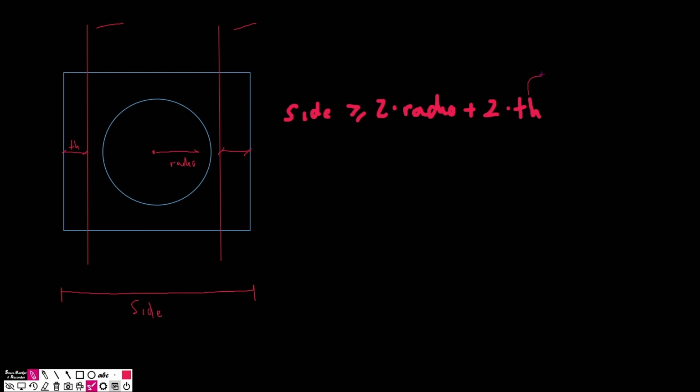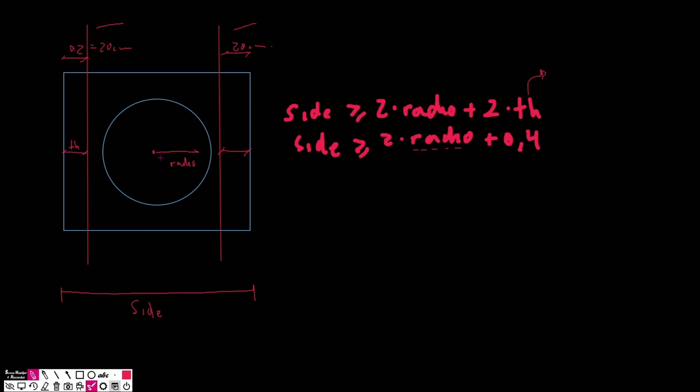For this example, let's imagine that the minimum thickness that I want here is 0.2 meters, which means 20 centimeters. The same here, 20 centimeters. So it could be defined as 2 times the radius plus 0.4. The side should be bigger than this. I want to make a condition to provide new values for the radius because I don't want to modify the side.